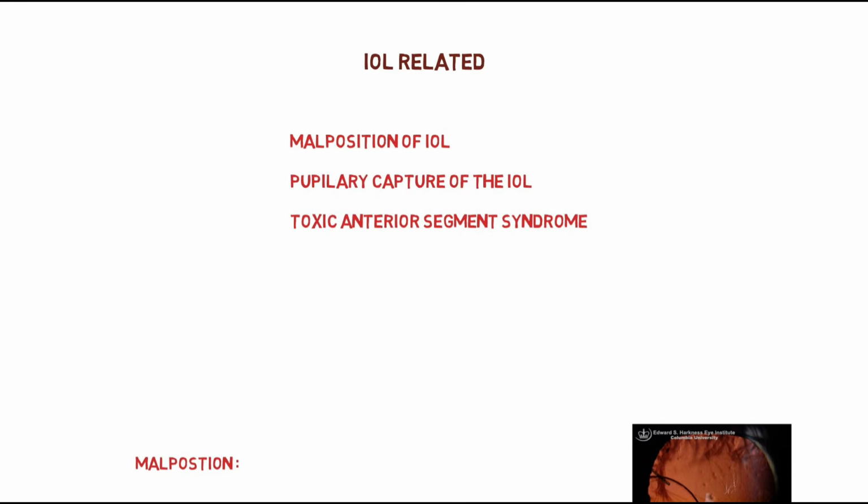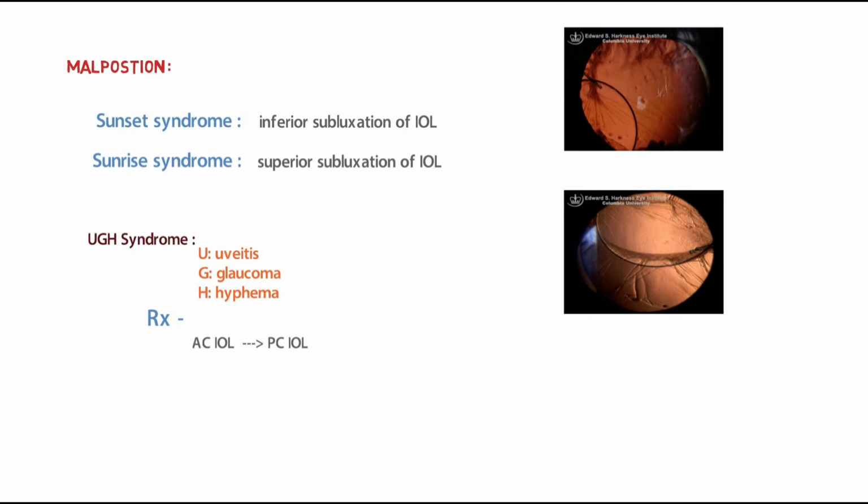After that, we discussed IOL related complications, in which there is malpositioning of the intraocular lens, pupillary capture of the intraocular lens, and toxic anterior segment syndrome. In malposition, there is sunset syndrome, sunrise syndrome, and remember about UGH syndrome. U for uveitis, G for glaucoma, and H for hyphema. And the treatment is replacement of the anterior chamber IOL by posterior chamber IOL. So this is all about the complications of cataract surgery.